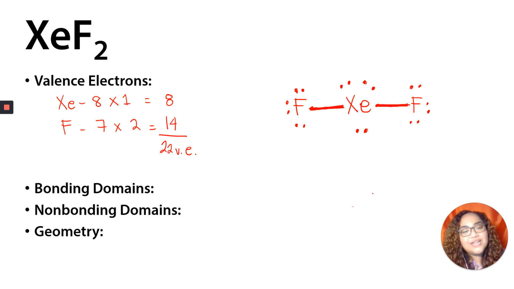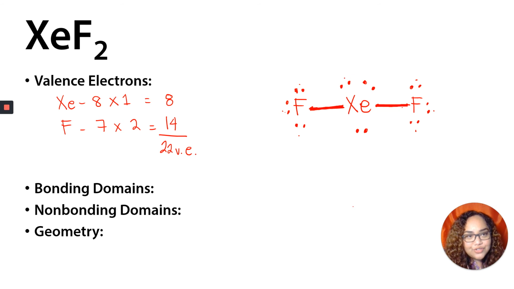So if you're going to count how many valence electrons there are, fluorine would be already happy because there's 1, there's 2, there's 2, 4, 6, and 8. Okay, and the other fluorine would also be happy because there's 2, 4, 6, 8. How about xenon?